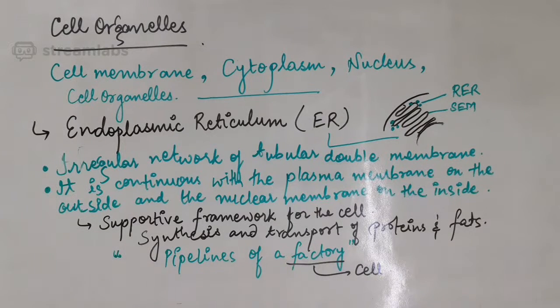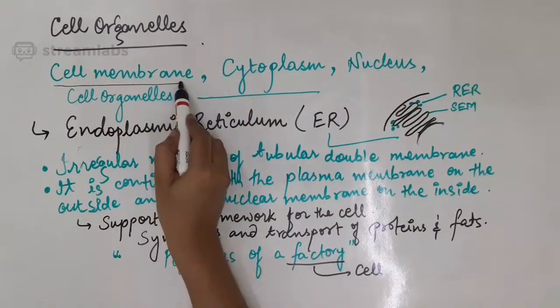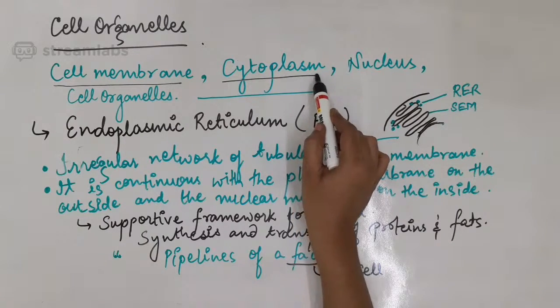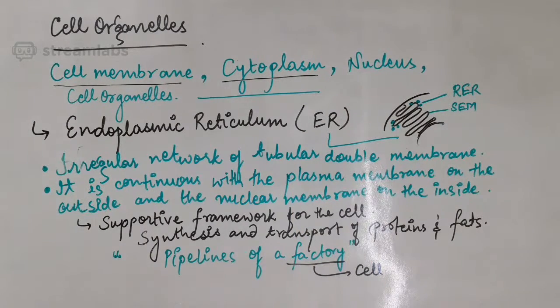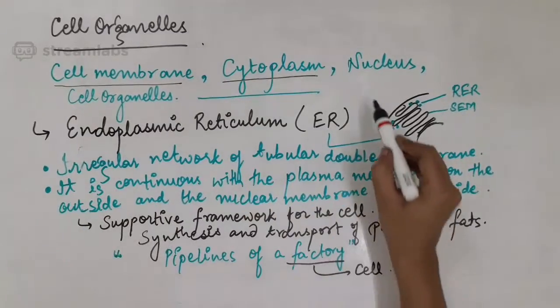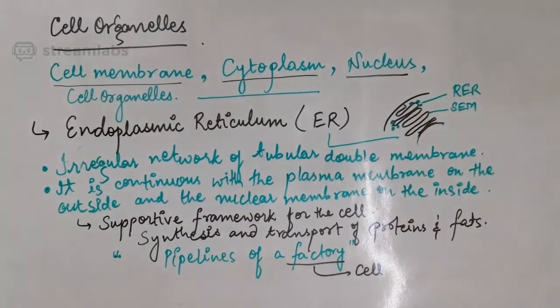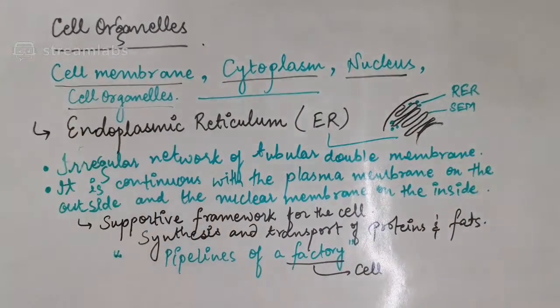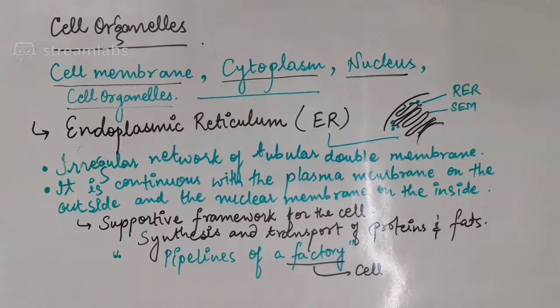In the previous lecture we discussed the cell membrane, the jelly-like substance in which all the cell organelles float, that is the cytoplasm, and the control center which helps in the division of the cell, in which the chromosomes are present, is the nucleus. And among the other cell organelles, first we took the endoplasmic reticulum. Now we are going to take another one, that is mitochondria.